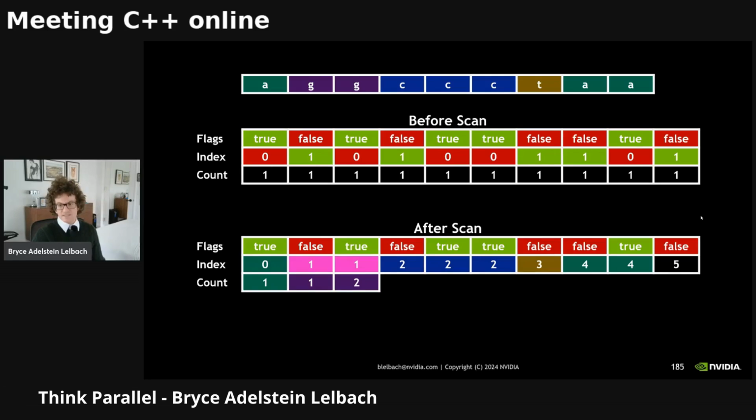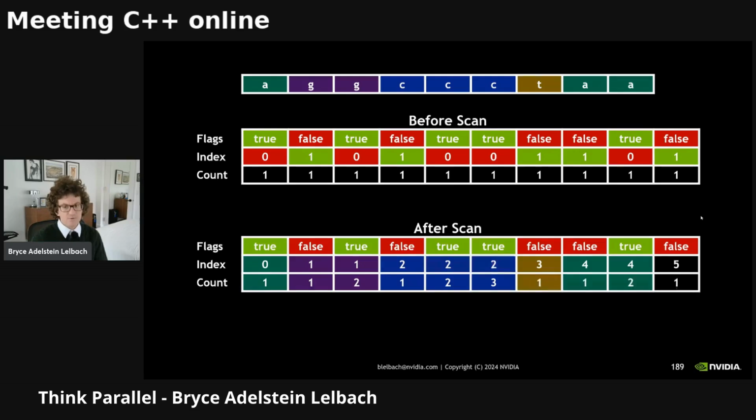For the next, the count increases because the indices are the same. For the next one, we're going to once again reset the count. The indices are equal for the next element, so the count is increased. And likewise for the element after that. And we proceed in this fashion for the rest of the elements, producing this.